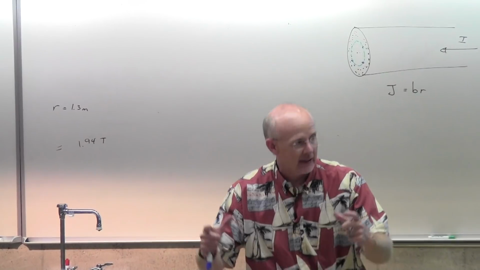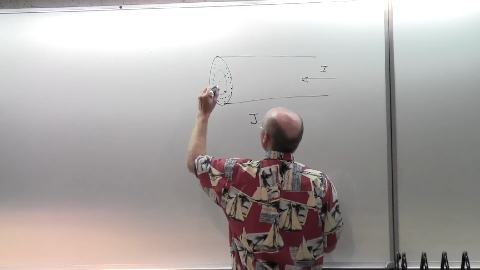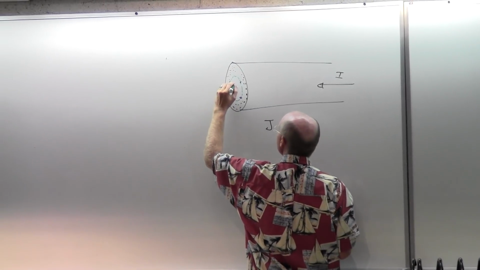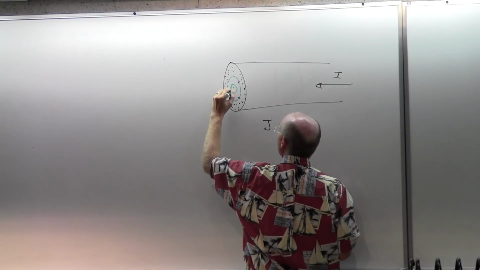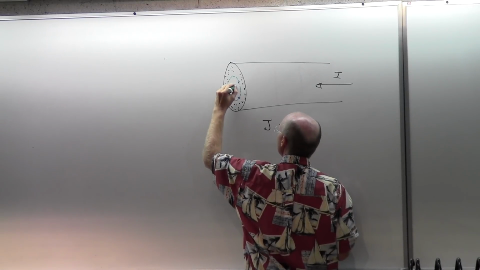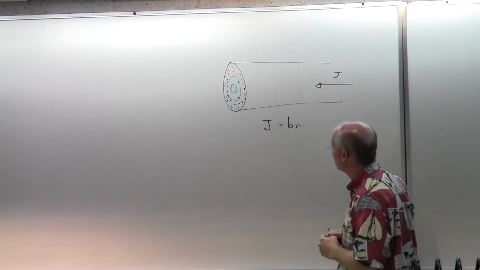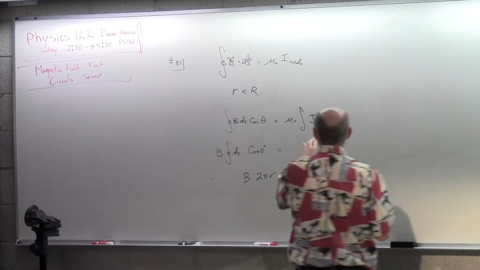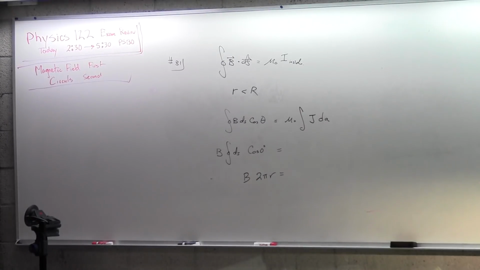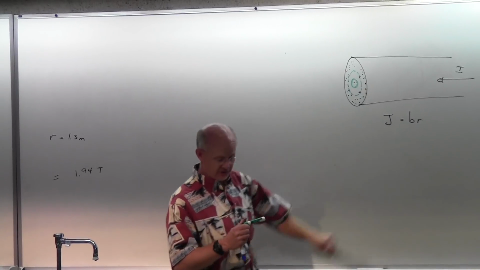So I am going to take a small area and say how much current goes through that ring. What is the current density at that point? Well, that's what the equation is for.